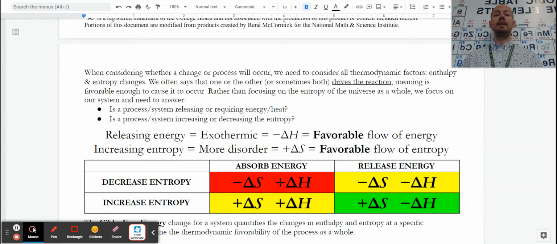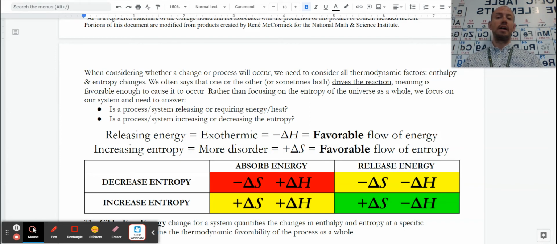So enthalpy is our delta H. Entropy is our delta S. And as we consider both of those together, we can think about what would happen and what might not happen. And a phrase we use a lot to describe that is thinking about which one of those, or both, and sometimes neither, drives the reaction or is favorable enough that lets this chemical process occur.